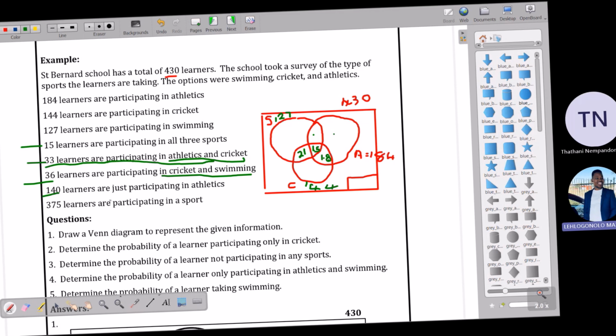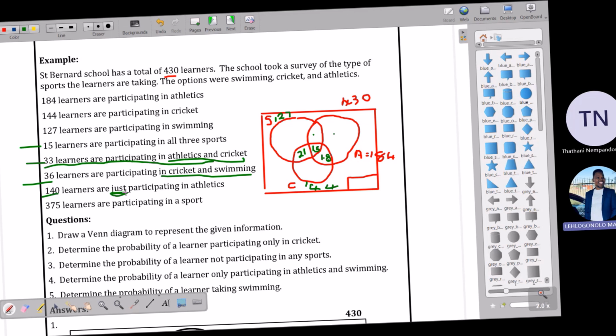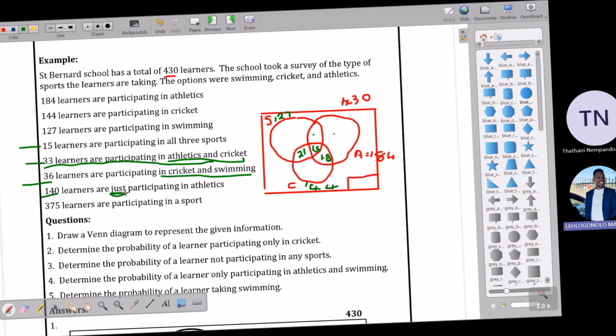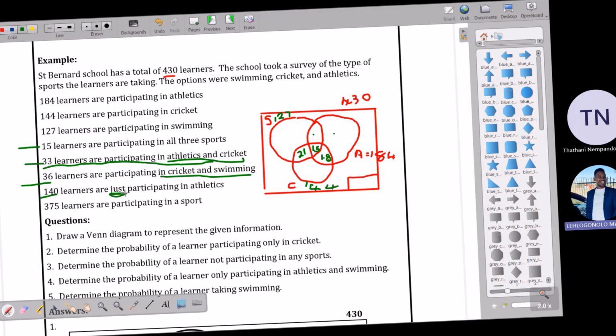The word just is important. When they say you are doing something just, it means you just do it alone, or you do it by itself. In other words, when coming to the English of probability, it means 140 are doing athletics only.